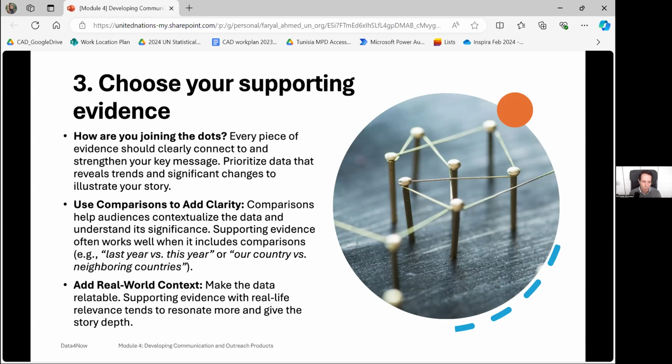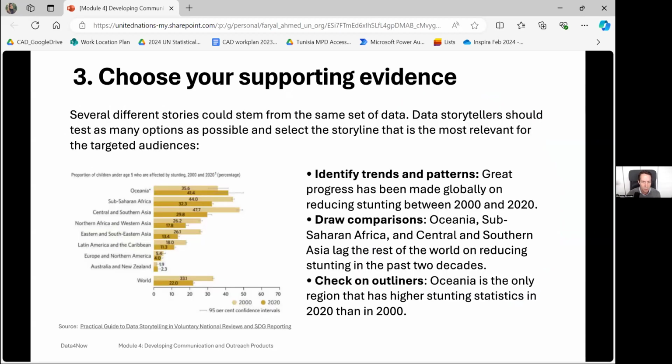So try to find ways in which people can really visualize that data as well.